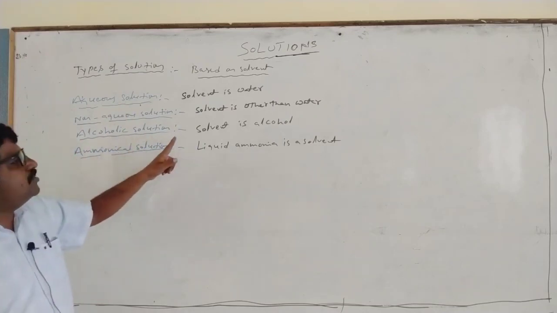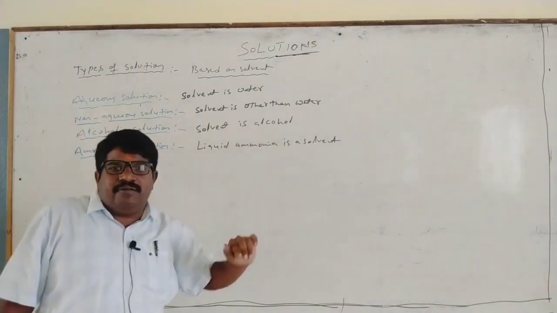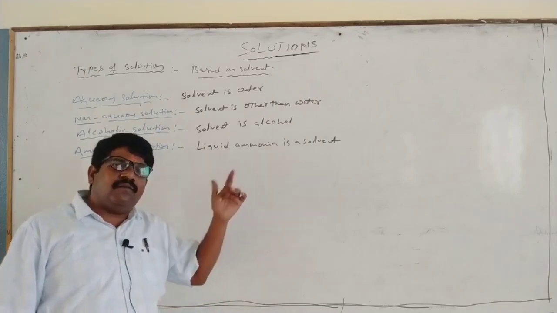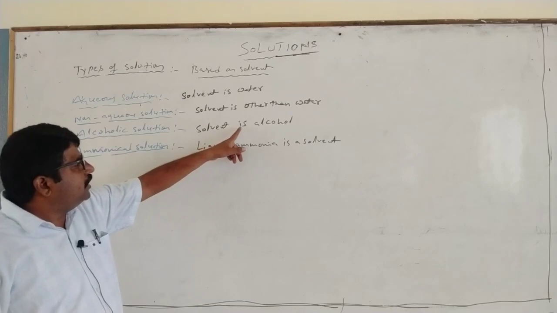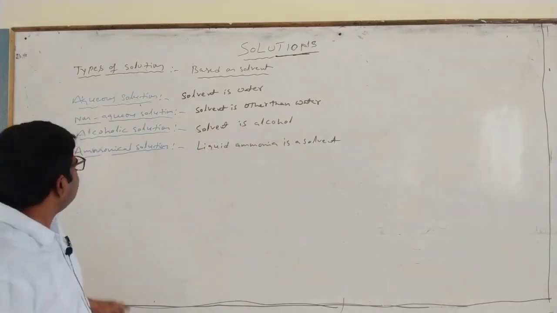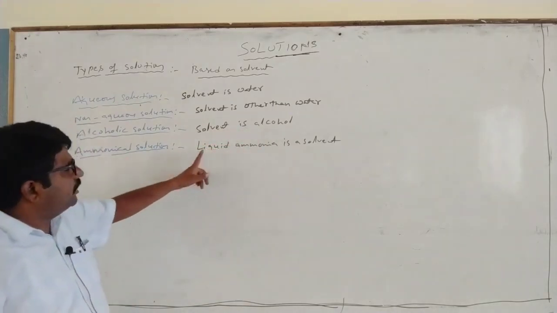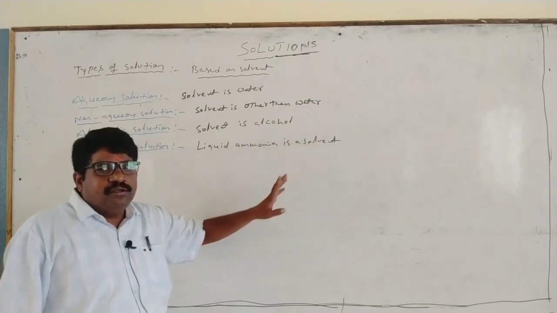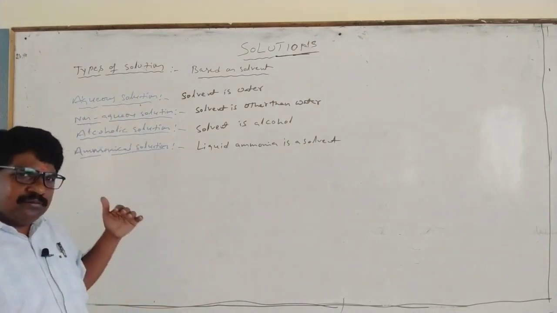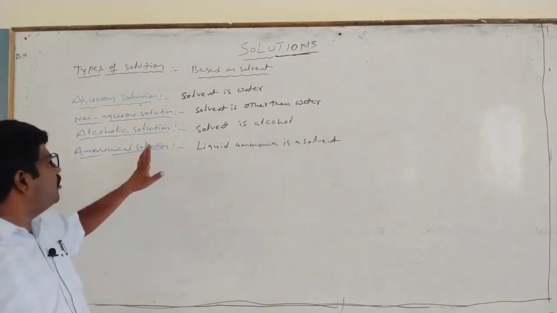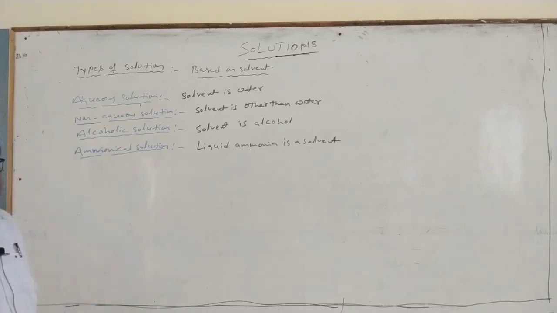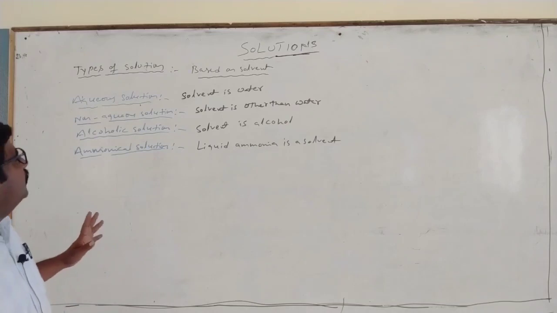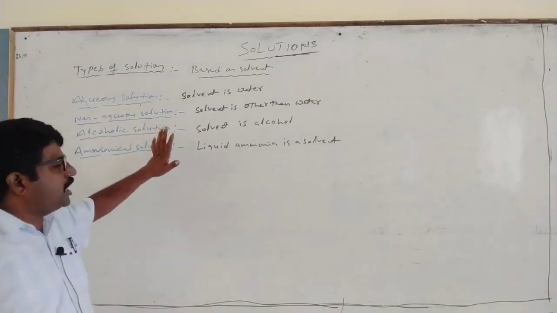Alcoholic solution means alcohol is the solvent, alcohol being greater than water. Ammonical solution means liquid ammonia is the solvent. These are based on solvent, right? So this is one type of classification of solutions.